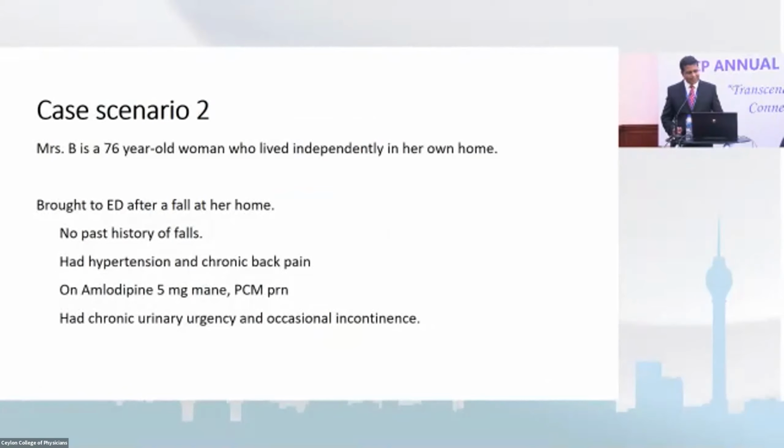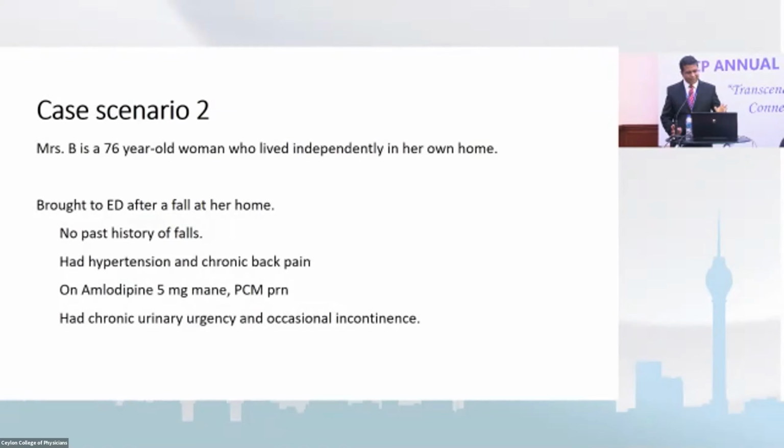She had hypertension and chronic back pain for which she was taking PRN paracetamol, and she was on amlodipine 5 milligram. She also had chronic urgency, that is overactive bladder, and occasionally incontinence. So this patient, 76, lived independently with no past history of falls.